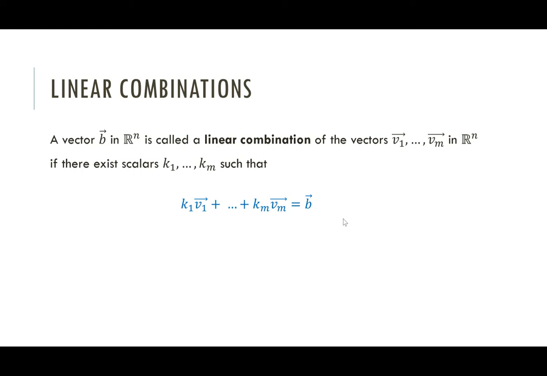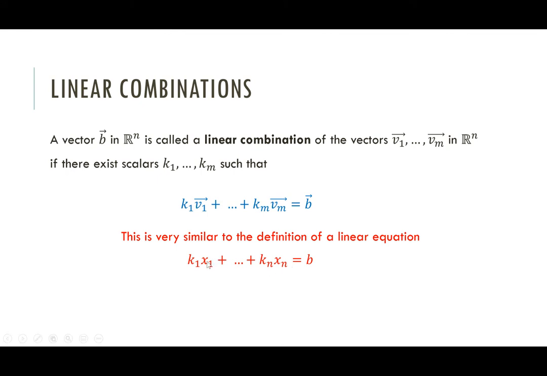Before moving on to the picture of this, let me just say one thing. Notice that this is very similar to the definition of a linear equation. Remember, a linear equation was something where you have a bunch of unknowns scaled by a bunch of coefficients equal to a number.